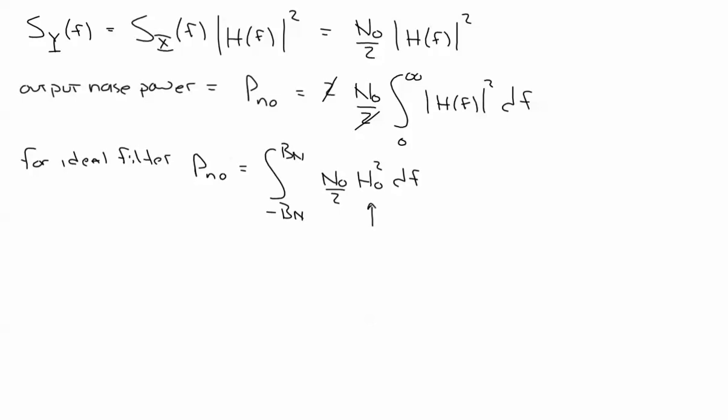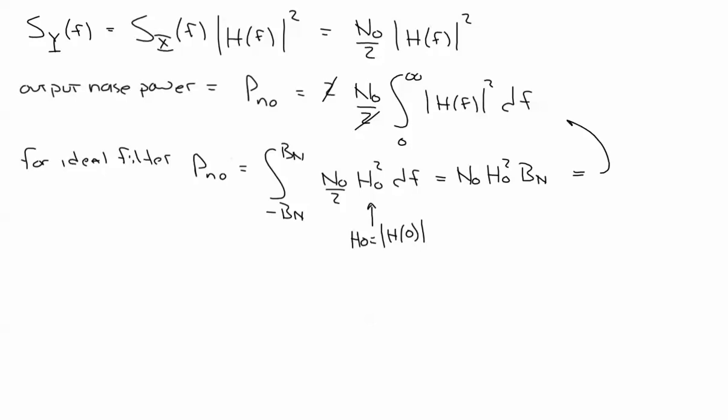And remember, H0 equals the absolute value of the transfer function of my real filter evaluated at 0. And integrating a constant, clearly this just becomes N0 H0 squared B sub n, where B sub n is my noise equivalent bandwidth.